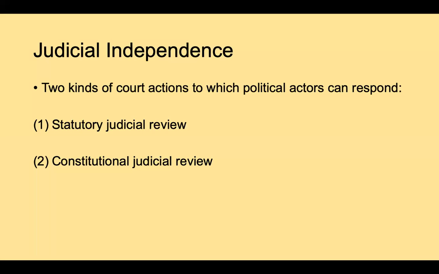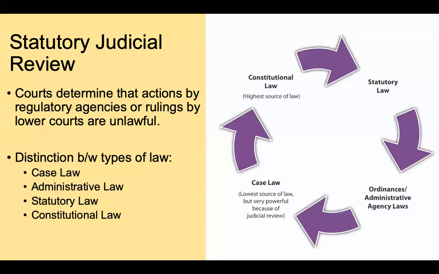And this relates to reviewing existing law and legislation and bigger pieces of law that go beyond administrative or case rulings. So statutory judicial review is where courts determine that actions by regulatory agencies or rulings by lower courts are unlawful.